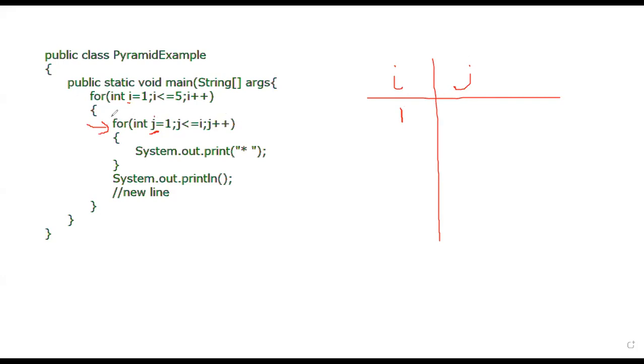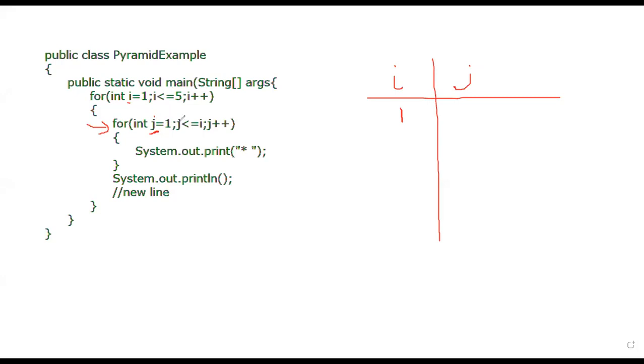It finishes executing the J loop for when I is 1 before it comes and updates the I. So when I is 1, J is also equal to 1.